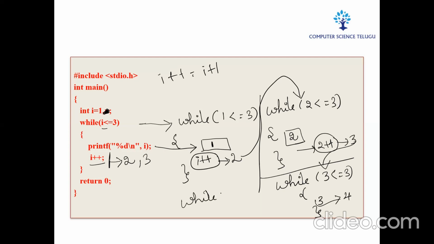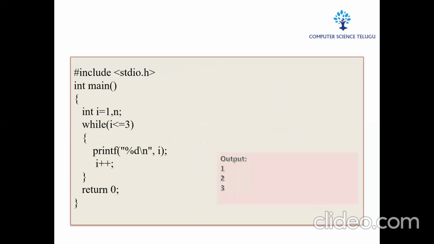While 4 less than or equal to 3, the condition is false. So what is the final output of this program? It will print 1, 2, 3. I hope this is clear for everyone. Now you see the output of this program is 1, 2, 3.